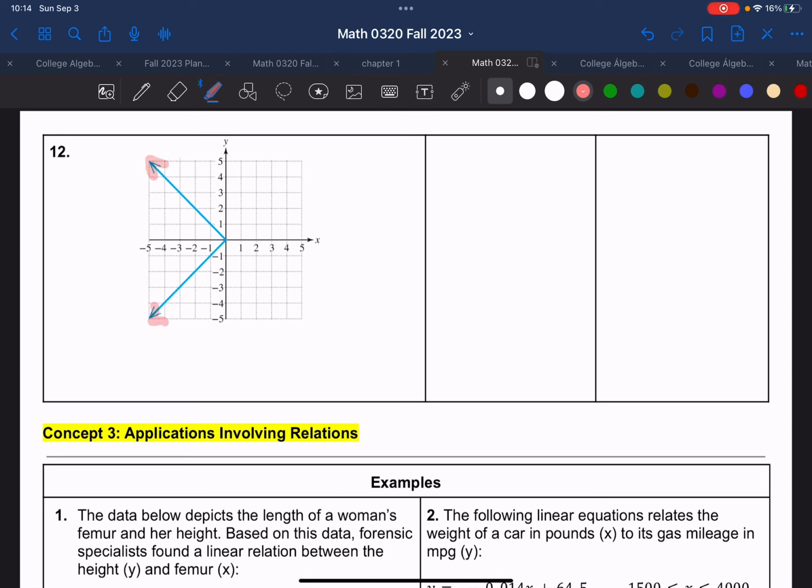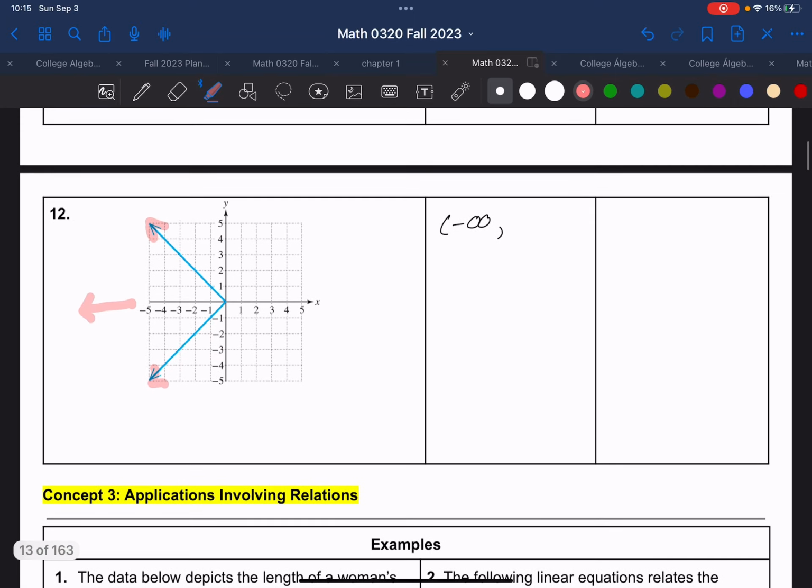That tells us that graph is going to continue going on forever and ever in that left direction. So that means our domain is going to start negative infinity, and then looking how far to the right it goes, notice that it stops at 0. And since at that 0 point there is a solid line, we are going to have 0 with a bracket.